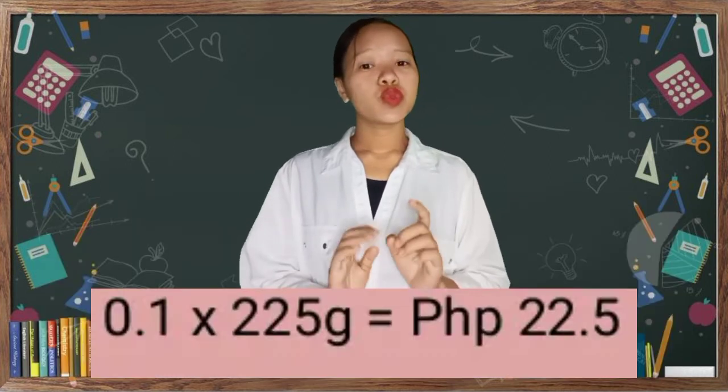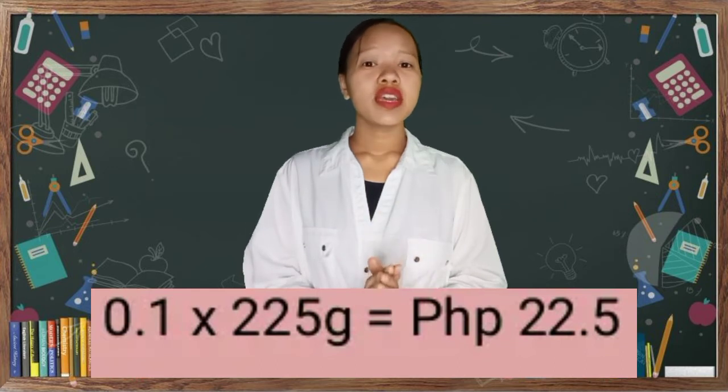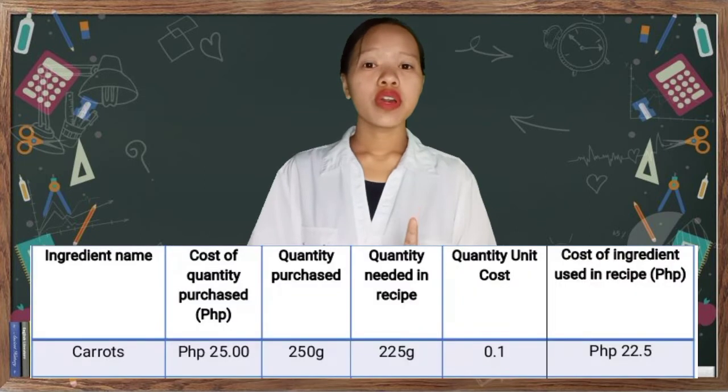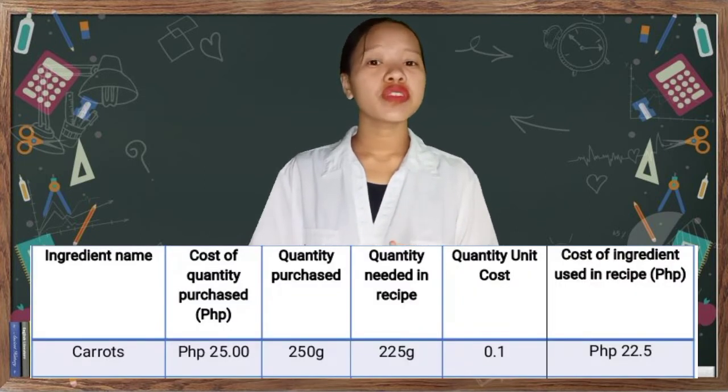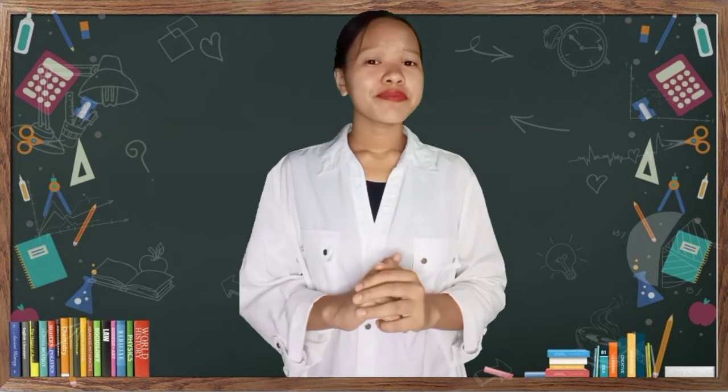So 225 grams multiplied by 0.1 is equal to 22.5. So 22.5 is the cost of ingredient used in the recipe of carrot. So did you guys get it?